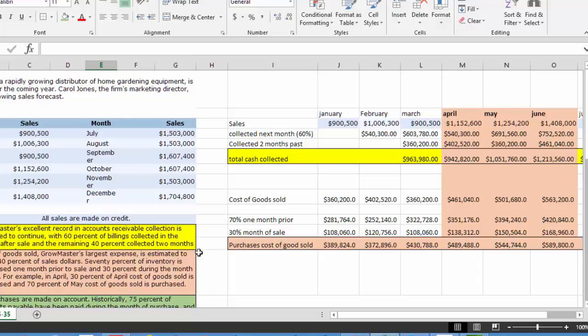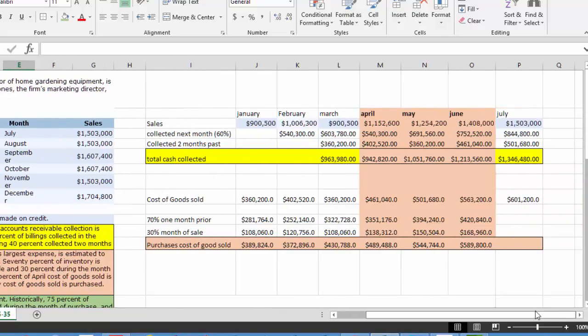So I transposed the sales from January all the way through July. The reason I'm including both before and after the quarter that we have is because the information we're using comes from prior periods as well as subsequent periods. So it's important that you have enough information so that you can work through the problem.